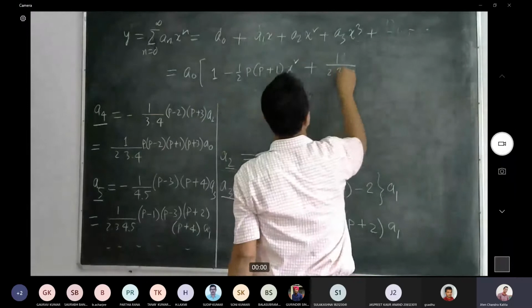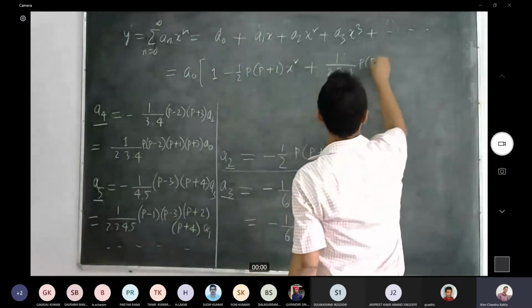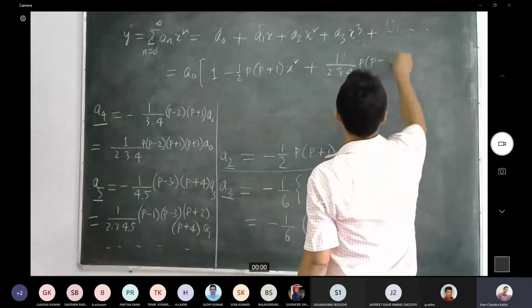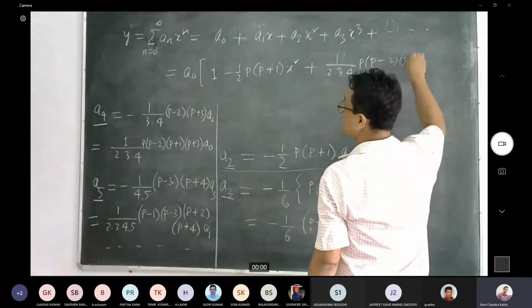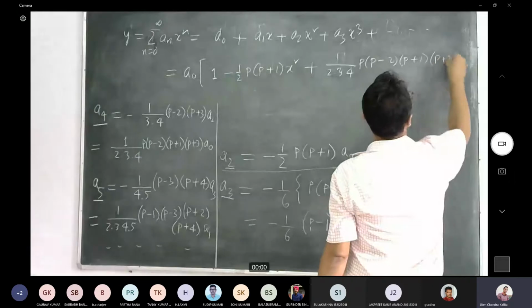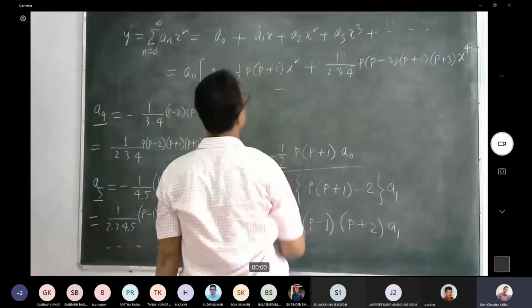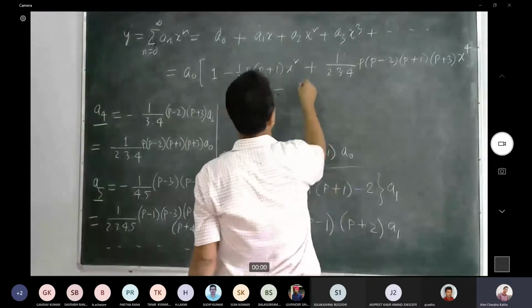Okay, fine. 2 into 3 into 4, then p into p minus 2, p plus 1, p plus 3, your x to the power 4. So next term, it is going to be a minus.